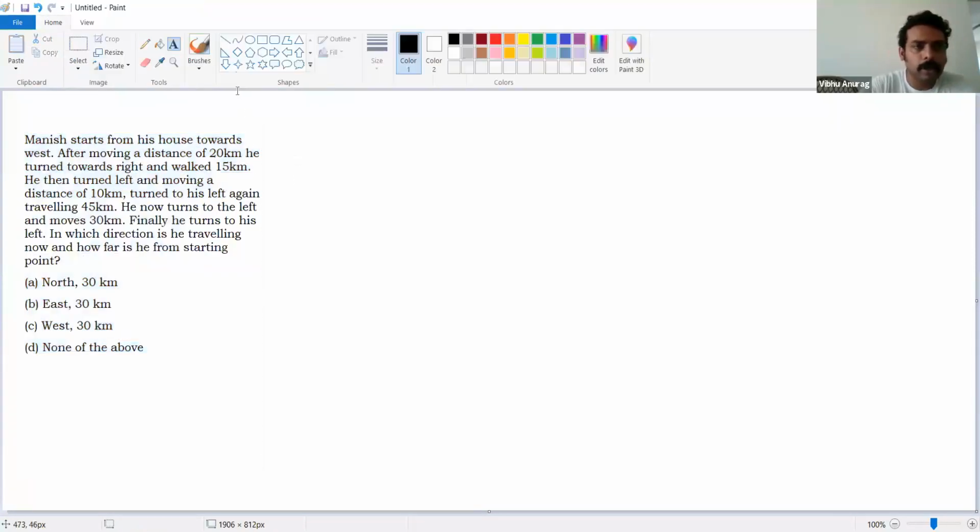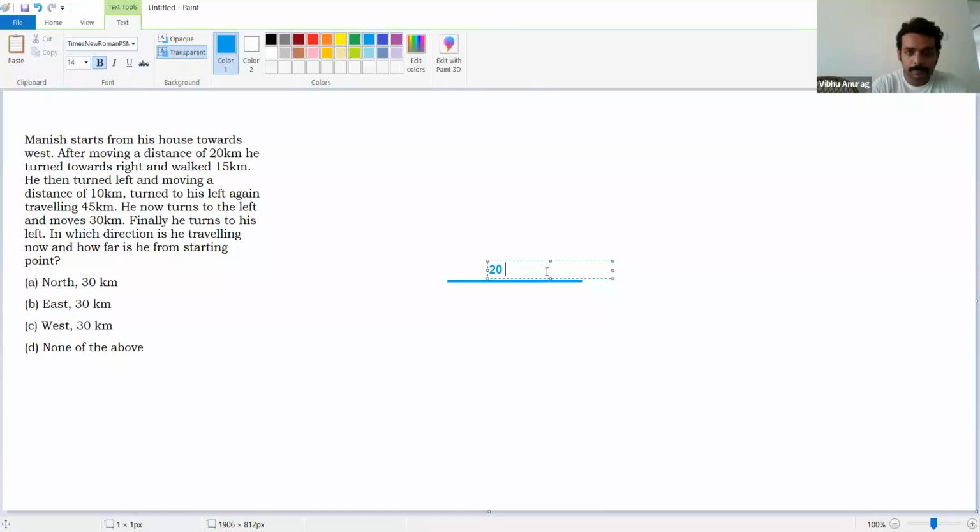So Manish starts from his house towards west. So Manish walks towards west. How much? 20 kilometers. Okay, fine. So let's label this. Manish walks 20 kilometers.